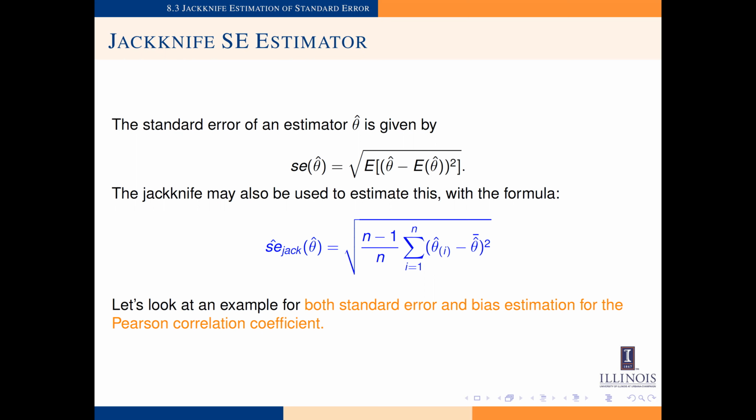Let's look at an example for this, which concerns the estimator for the correlation between two variables. This estimator is something we are already quite familiar with, which is the Pearson correlation coefficient. We're going to use this example to illustrate the estimation of both the standard error and the bias using Jackknife for the Pearson correlation coefficient.